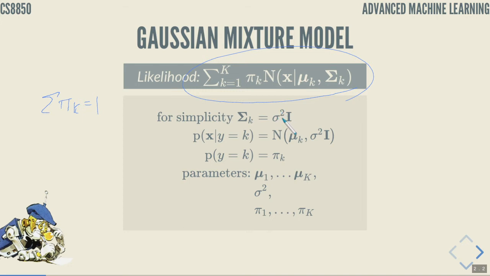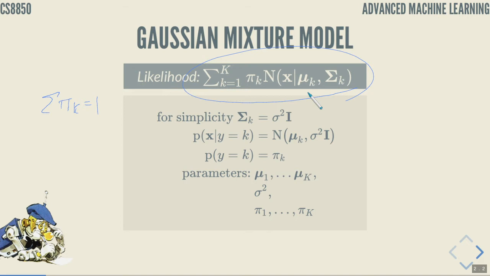It's spherical because each component of the covariance has the same variance, and it is the same for each of the Gaussians. So all we're doing is placing our Gaussian balls in different places in space, but they're exactly the same in terms of their volume.